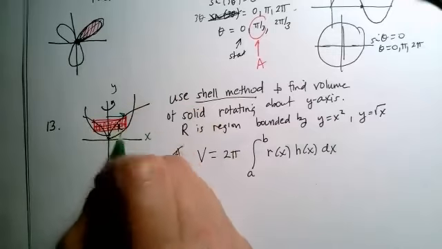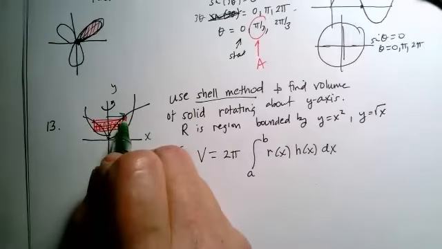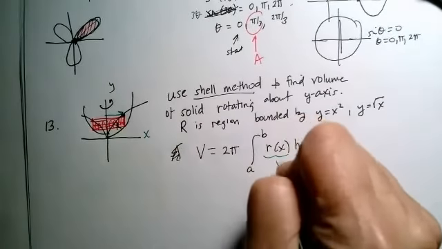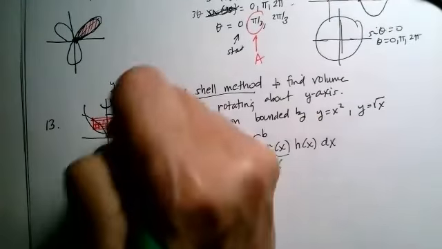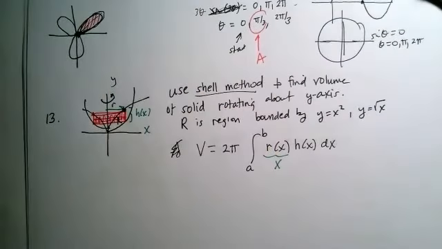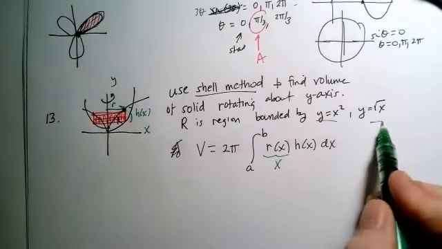If this is x and this is y, what did we call this distance? x. The radius is just plain x, right? And what's the height? It's the upper function minus the lower function, right? Okay, which one's upper and which one's lower?